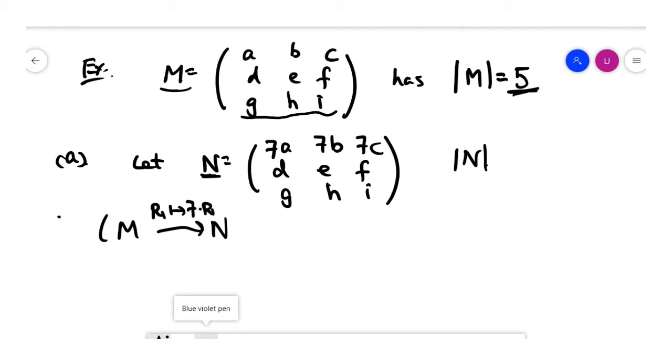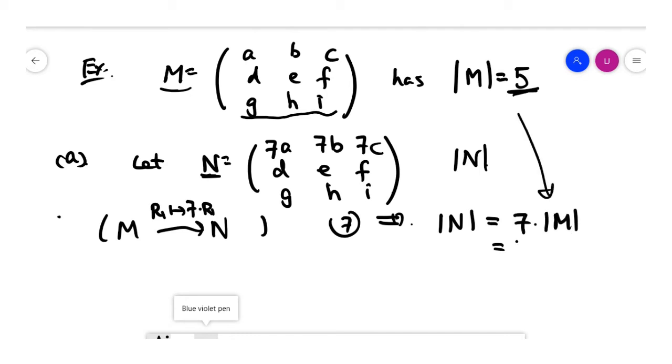Based on property 7, we understand that our new matrix has a determinant which is 7 times the determinant of M. Because we know the determinant of M already, the answer is 7 times 5, which is 35 for the determinant of the matrix N.